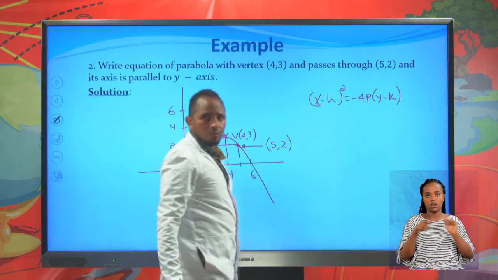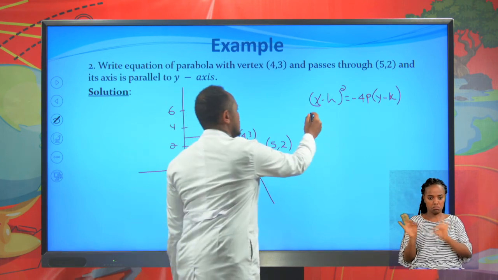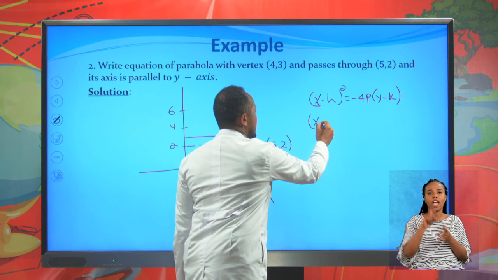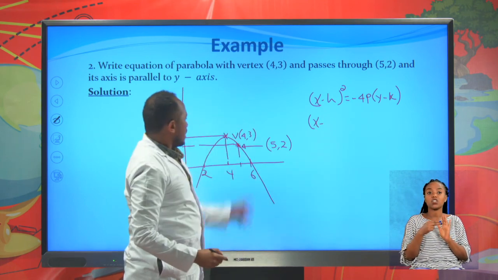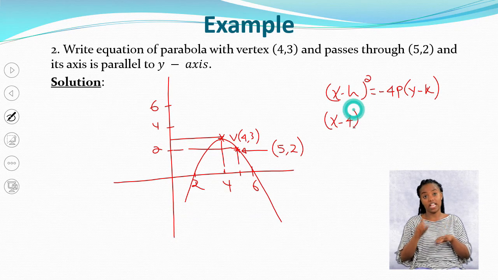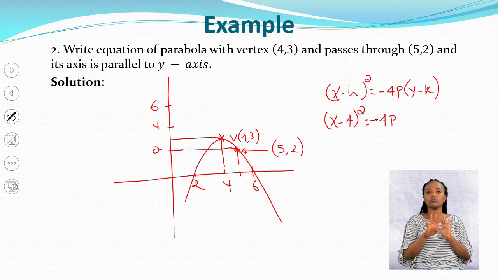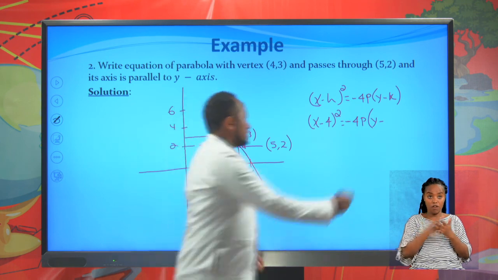Since we have h and k, substitute them. So the equation is x minus 4, our h is 4 here, the whole squared, is equal to minus 4p times y minus k. k is 3.